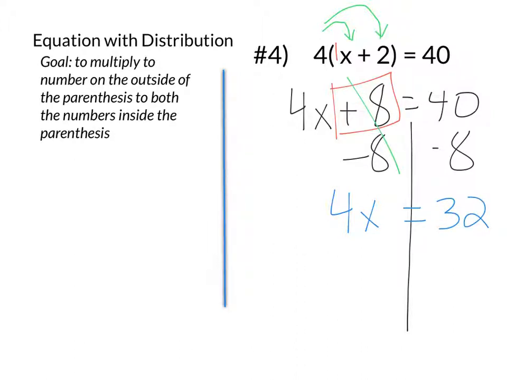Once again, I divide by my coefficient, which is 4, and I know that 4x is multiplication. And in order to get rid of multiplication, I have to divide. 32 divided by 4, x equals 8.